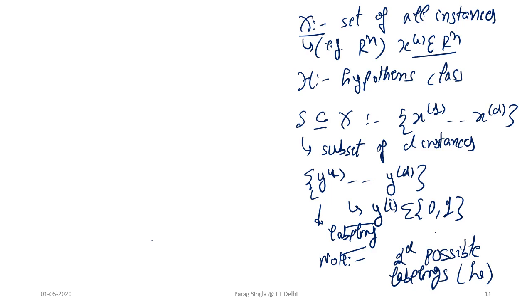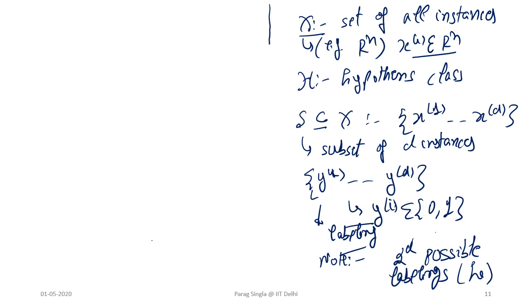We'll see an example. And L, you can also write subscript S, is the set of all possible labelings whose size is 2^d, because each example could get a 0 or a 1, again the binary classification setting.